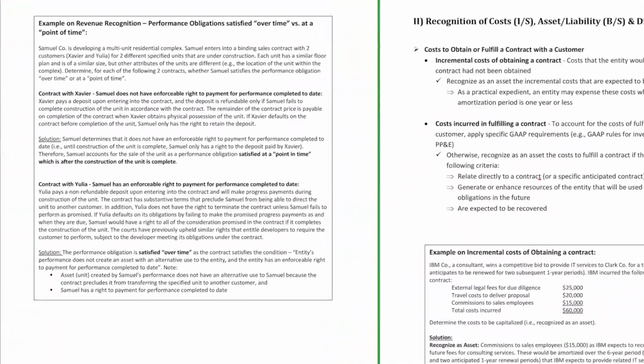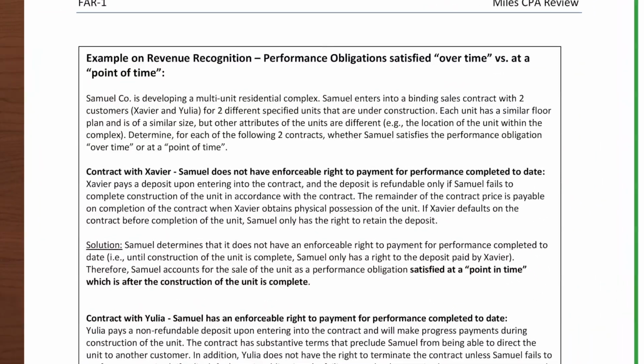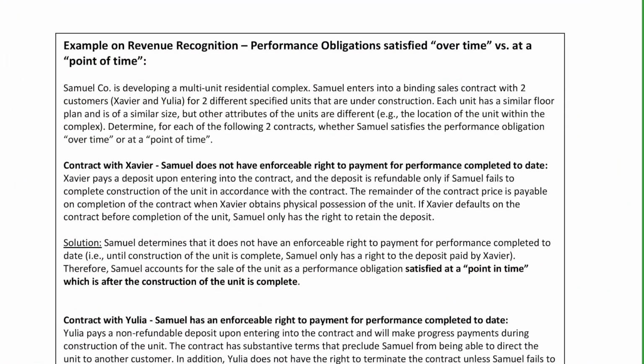Turn to page 60, where we've got another example on step 5 revenue recognition with two situations. So we've got Samuel Company, who's developing a multi-unit residential complex. And Samuel enters into a binding sales contract with two customers, first with Xavier and the second with Yulia, for two different specified units that are under construction.